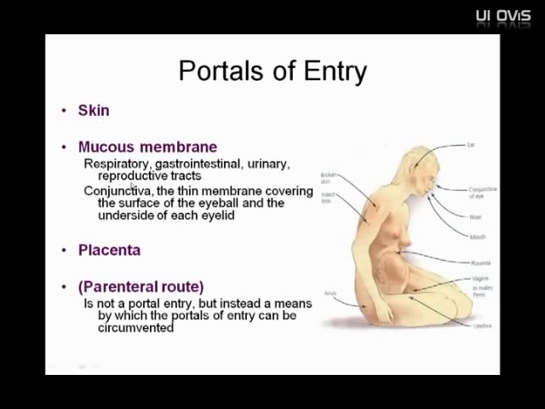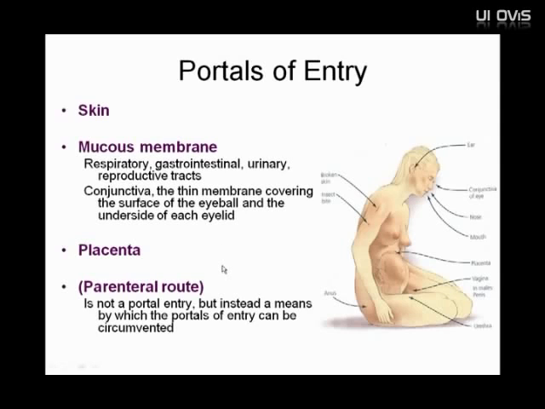The second portal of entry is mucous membrane. We know that all of the tracts in our body are surfaced by the mucous membrane, and the conjunctiva is also the thin membrane covering the surface of the eyeball and the underside of each eyelid. As long as the mucous membrane is intact, no microbes enter the body. When there is a microlesion, the microbe will enter through this.